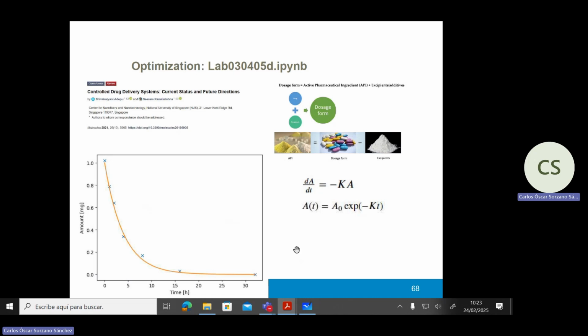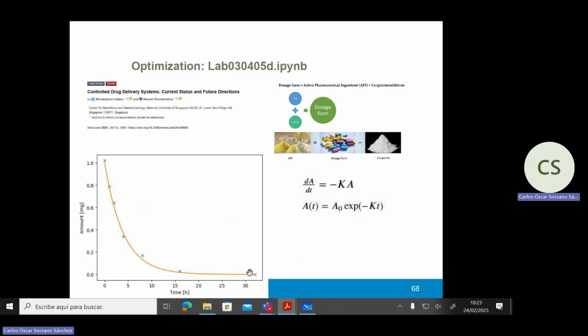So let's say that I have this observation. This is how a drug that you take is absorbed, and how much drug is left. At the beginning, everything is left.